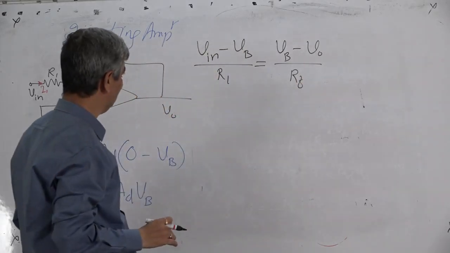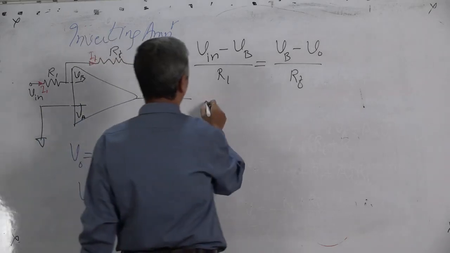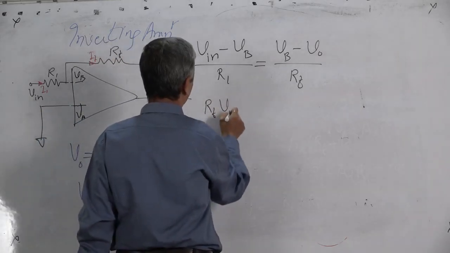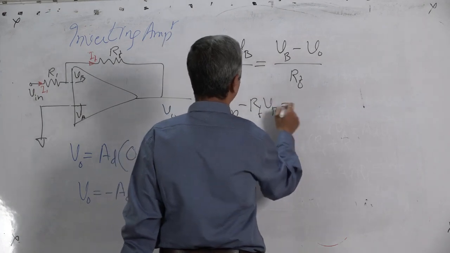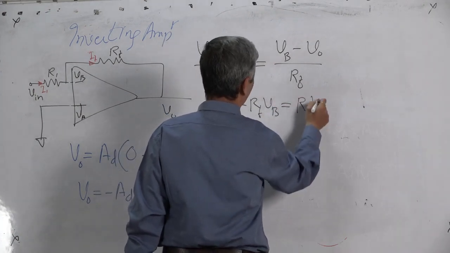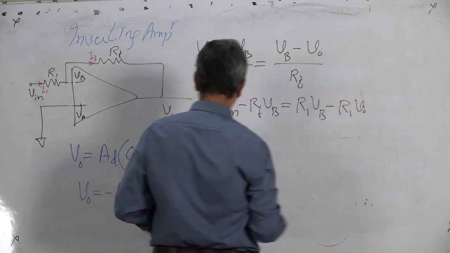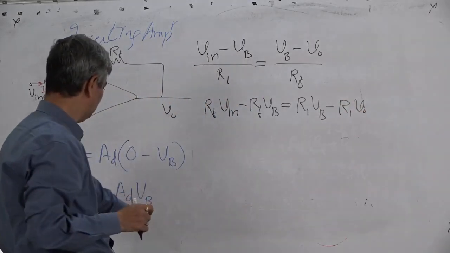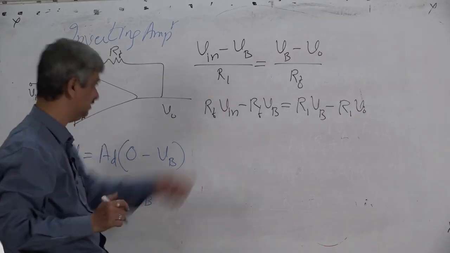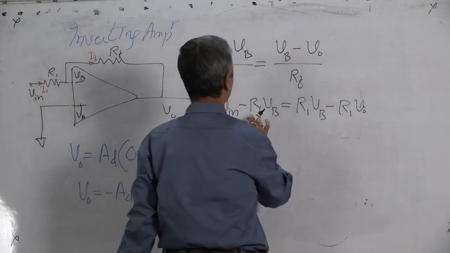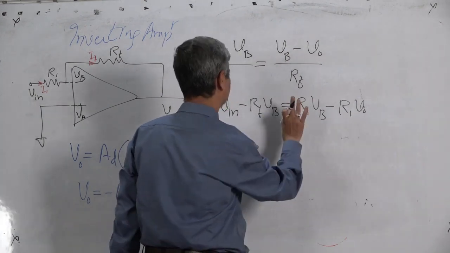So, as I again say, get rid of denominators. So, RF Vin minus RF VB is equal to R1 VB minus R1 VO. So what do you want now? You do not want VB, so you just replace VB in that term. You take RF VB on this side, take this on the other side and swap the sides.